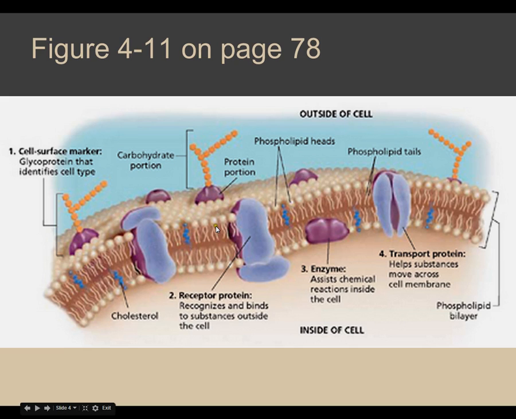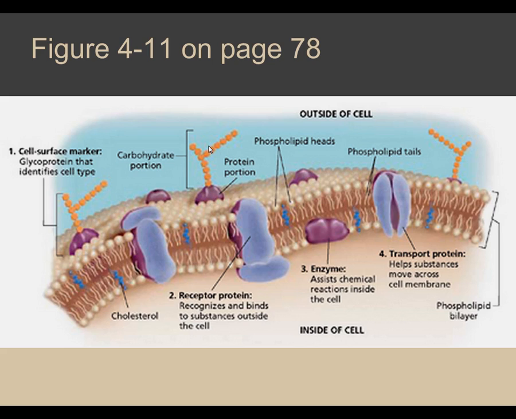Now, everything in this picture that's purple is a protein, and these right here are receptor proteins. You're not required to really know much about those for this chapter, but they can identify things outside the cell, and the way they do that is, in the last set of notes, you watched the amoeba engulfing a paramecium, and one of the questions that you all have asked is, how did the amoeba know that that was something that it should eat?